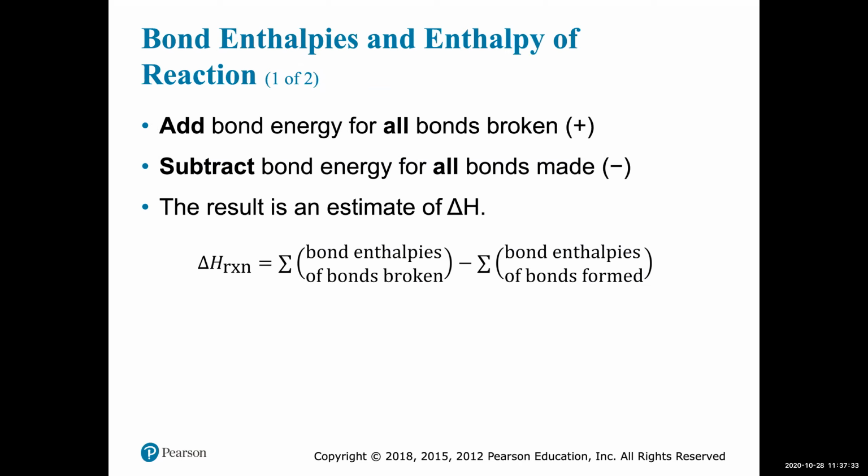If we add all the bond energies for the bonds that are broken and subtract the bond energy for all the bonds made, then the result is our delta H for the reaction. So bond enthalpies of bonds broken minus the sum of bond enthalpies of bonds formed.